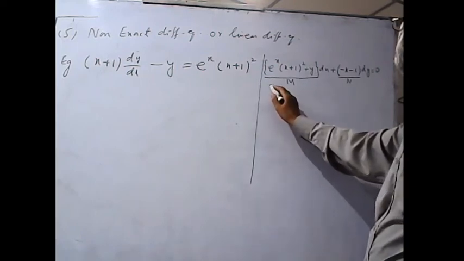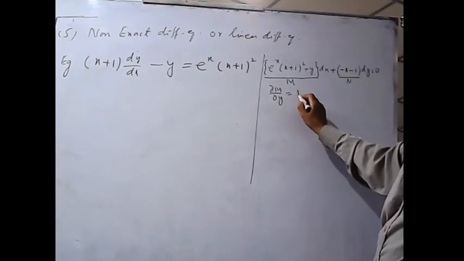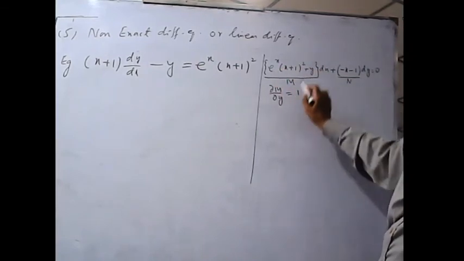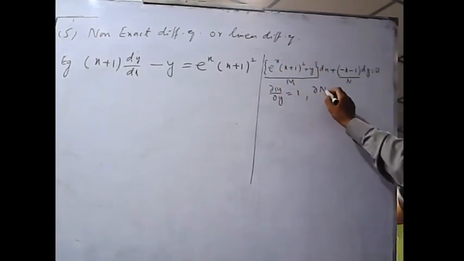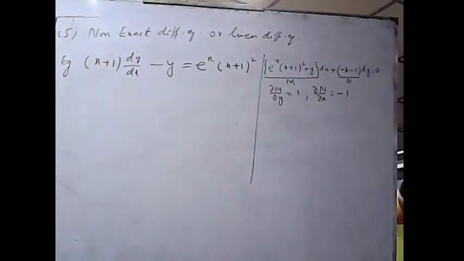Now dM by dy is equal to 1, the derivative of x is 0, of y is 1, and dN by dx is minus 1. So I showed you the failure situation.